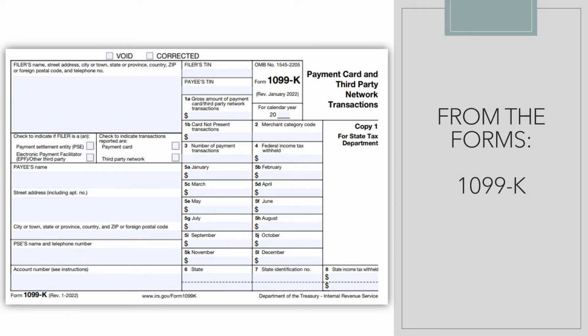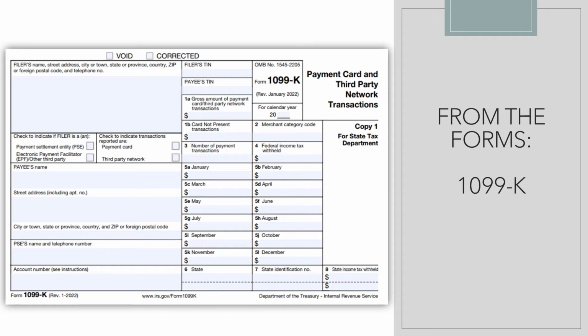Another form that we might see taxpayers come in with is this 1099-K, and this is for payment cards and third-party network transactions. So if they had any payments from a payment card that they received through their self-employed activities, so this is credit cards and debit cards, they will be coming in with this form. Another way that they might be coming in with this form is through other third-party network transactions, and a good example of this might be our rideshare companies.